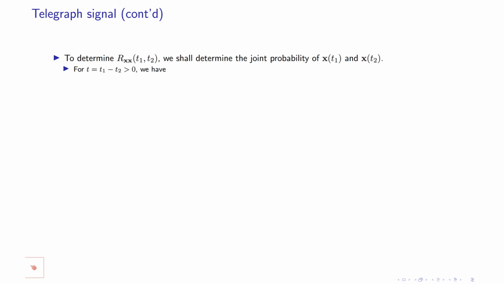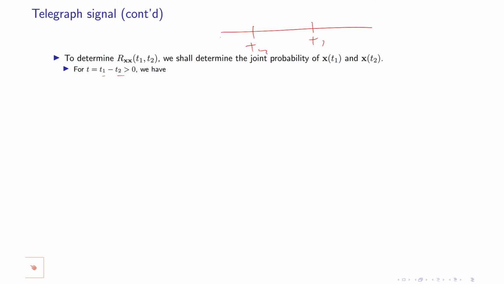So for simplicity, we assume that t1 is bigger than t2, so this is time, and this is, let's say, t1, and this is t2. And we know that for telegraph signals, these two guys are not independent. However, their increment, the number of points in this time interval, is independent of the number of points in any other interval.